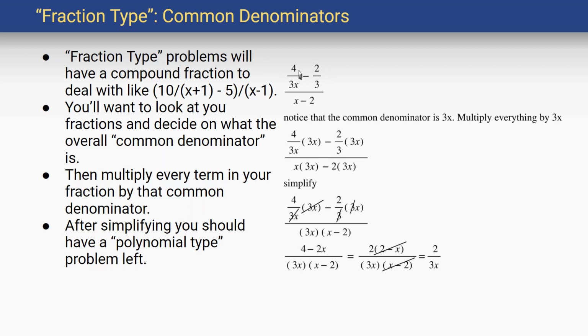You can see 4 divided by 3x minus 2/3 in the numerator, and then all of that over x minus 2. And hopefully you can see why I call these fraction type. It's because you have a fraction overall, but in your fraction, you have more fractions, right? So it's fractions in your fractions. Technically, those are called compound fractions. So compound fractions are the issue here.